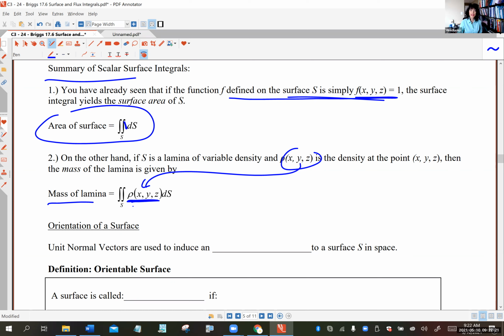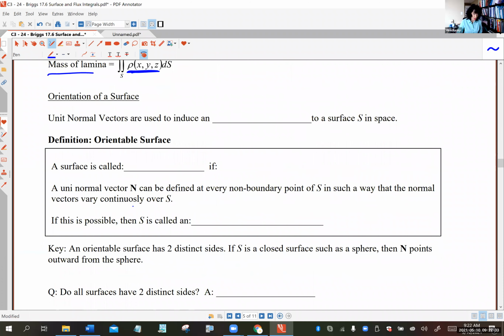And then the other two line integrals involved vector fields. So those kinds of line integrals represented work done on an object, or it represented flux. So we're going to get into this other kind of surface integral, but before we do, let's do some preparation work. And the preparation work is kind of cool. You may have some fun.